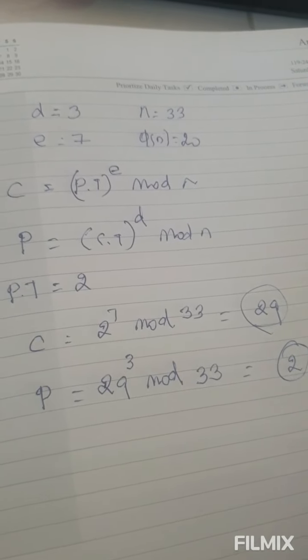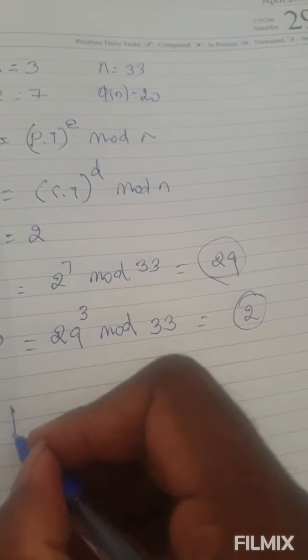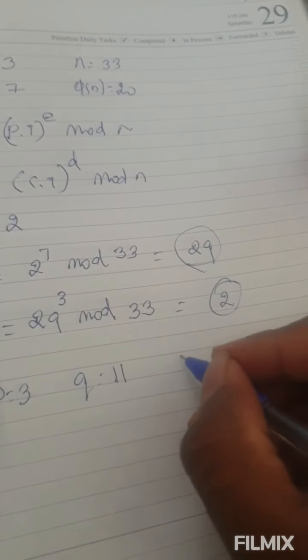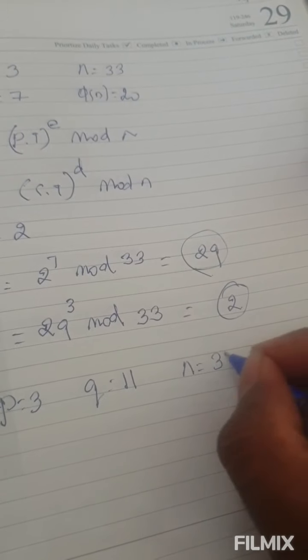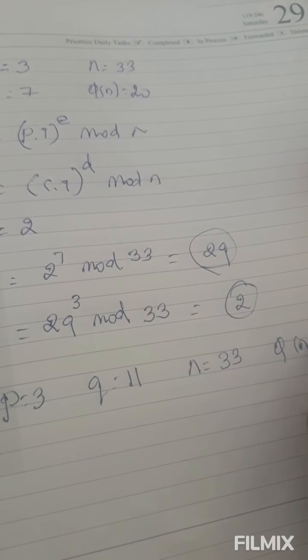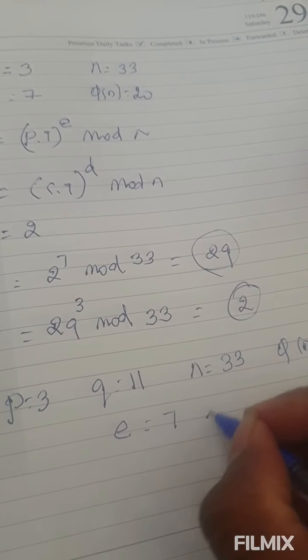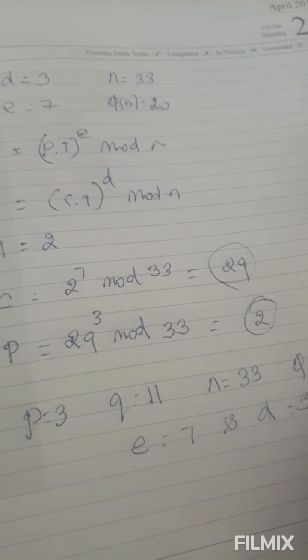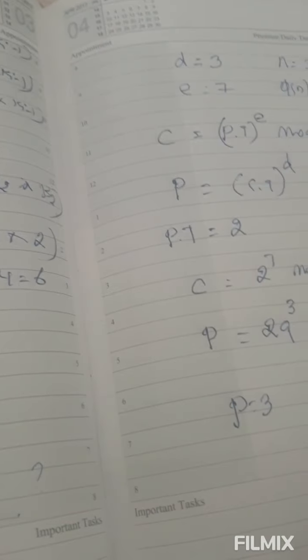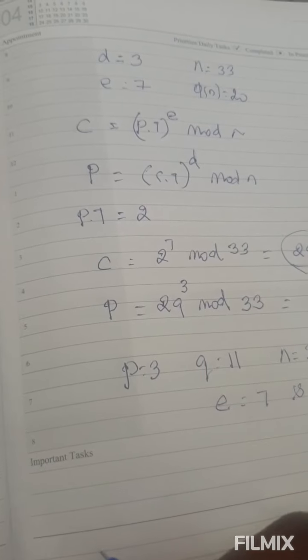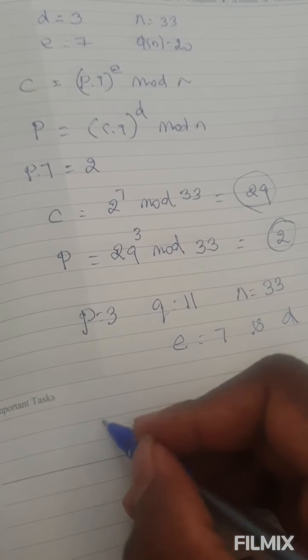Therefore, in the end, we got P equal to 3, Q equal to 11, N equal to 33, phi of N equal to 20, E equal to 7, and D equal to 3. By using that E and D, the public key is denoted as KU.